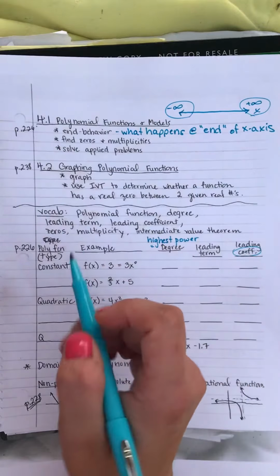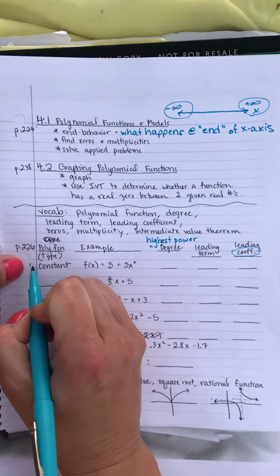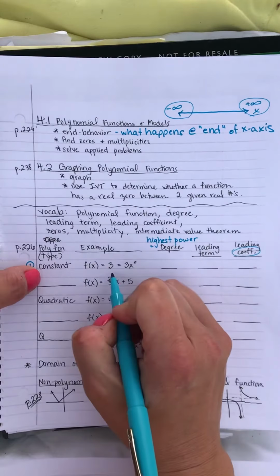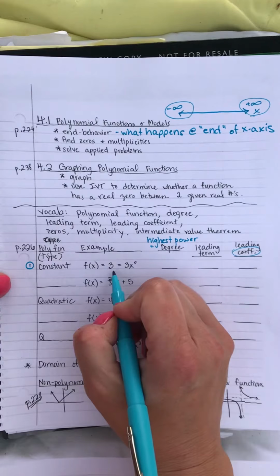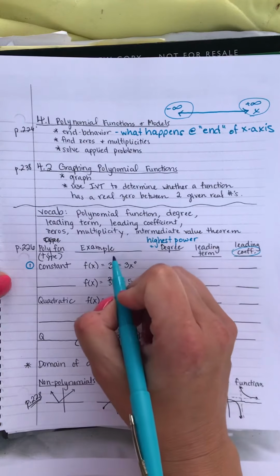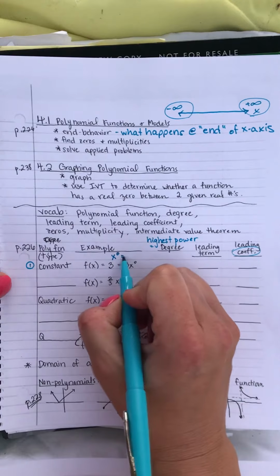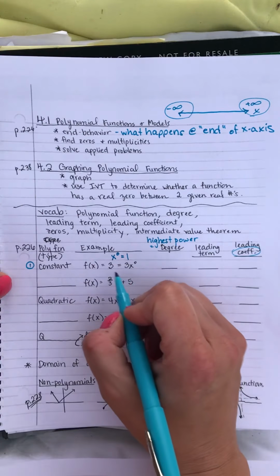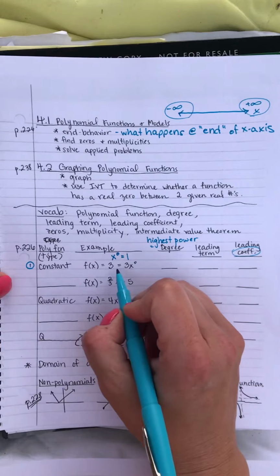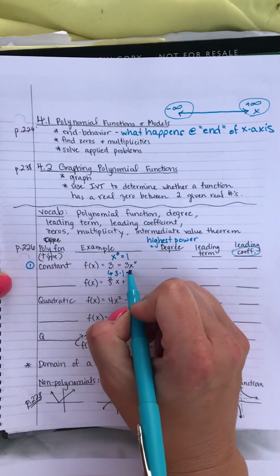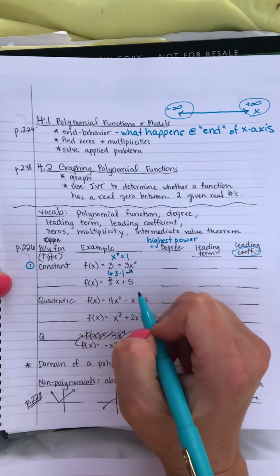Okay. Now, the first type is a constant type. The constant polynomial function looks like this. Just f of x equals 3. It's just a constant number 3. Now, remember, x to the 0 is the same thing as 1. So we can write 3 as 3 times 1, which can be written as 3 times x to the 0.